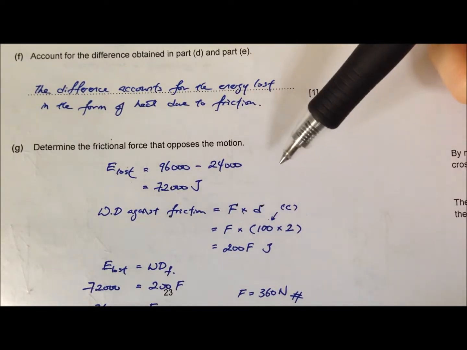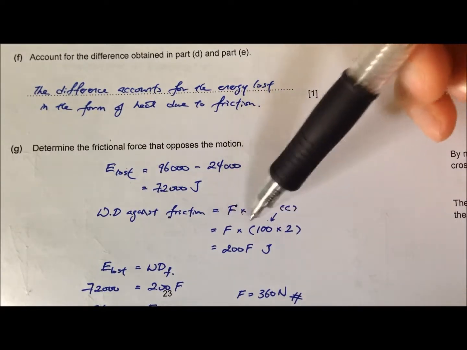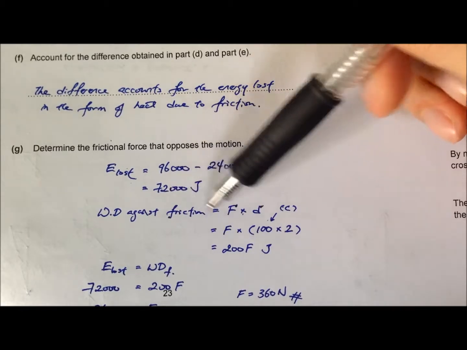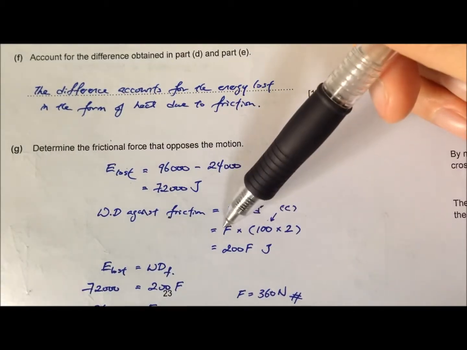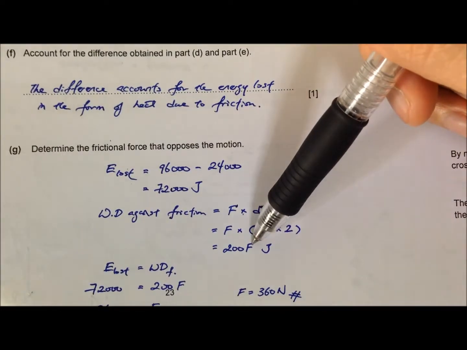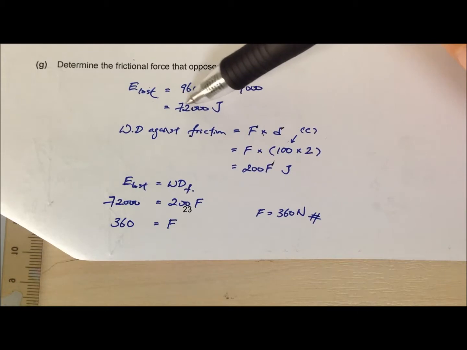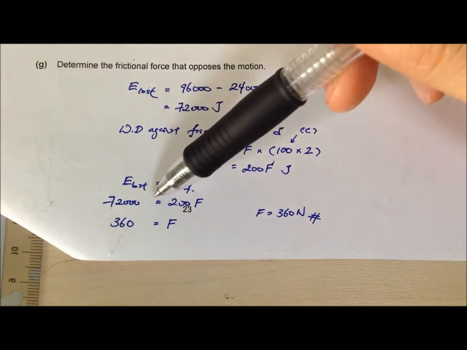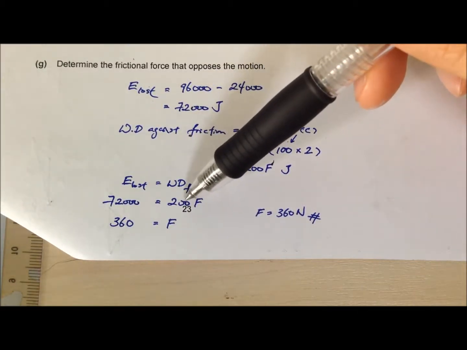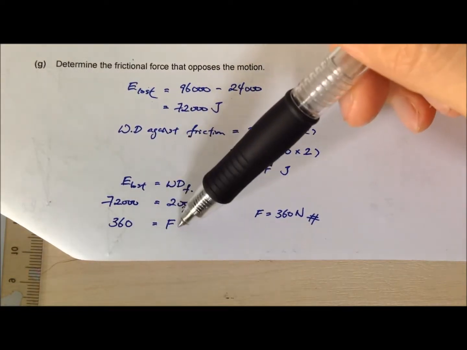So it's 100 up and 100 down. So in total, you have 200 meters. So from here, you know that the work done against friction is 200 multiplied by the frictional force. At this point, I still do not know what my frictional force is, so I give it an algebra of F. So down here, I know that this 72,000 joules will be equal to the work done against the friction. So I equate the two of them together, and eventually I can find out what my F is.